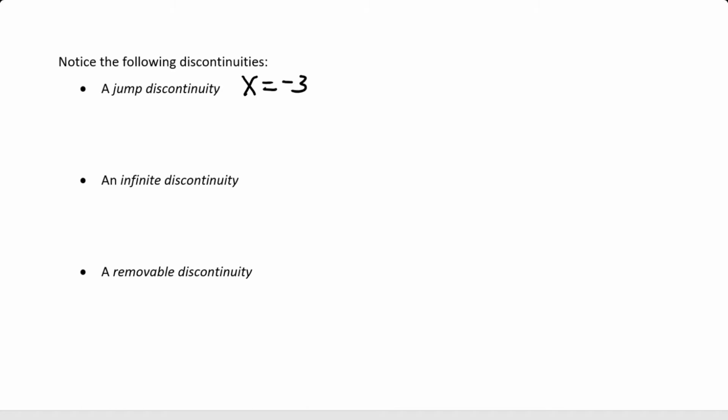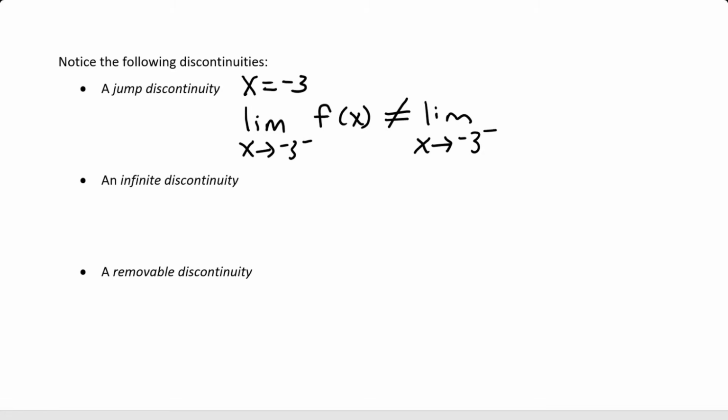You have a jump discontinuity when the limit as x approaches that x value from the left of the function and the limit as x approaches that value, which is -3, from the right of the function, do not equal each other. You can see the jump in the graph. This gives you the continuity definition of why it is a discontinuity. It is a jump because the left and right hand limits do not equal each other.